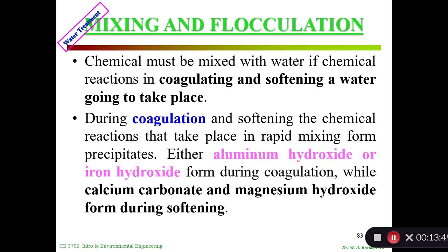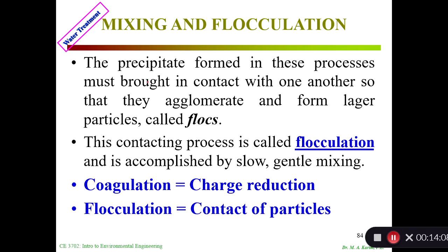Mixing and flocculation: as we mentioned, flocculation, coagulation, and softening of water are going to take place and need the coagulation process. The chemical reaction plays out in the rapid mixing, and precipitates form during coagulation, either with alum or the others we mentioned before. So these are nothing new. In this case, the precipitated forms of this process must be brought into contact. The mixing helps us bring them in contact.